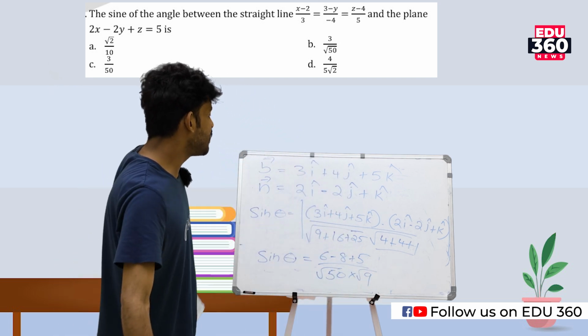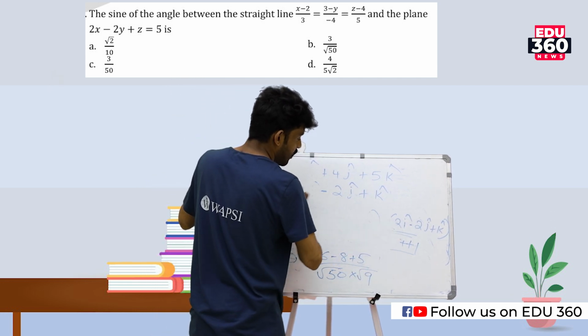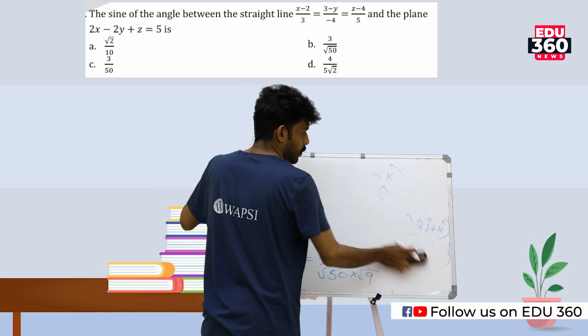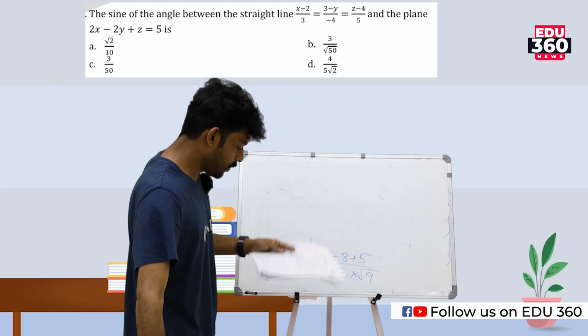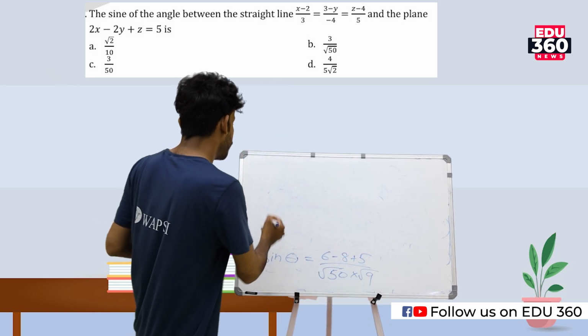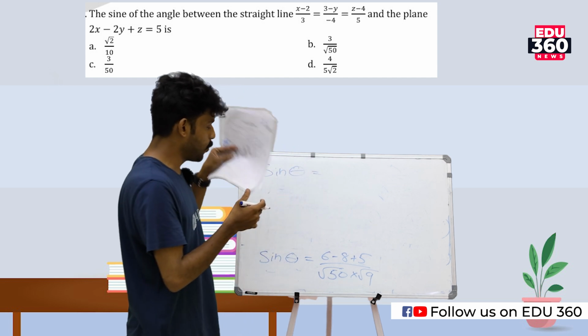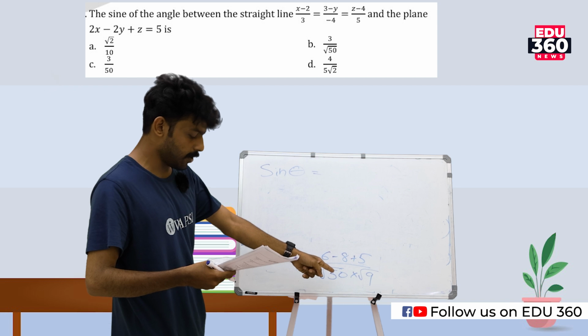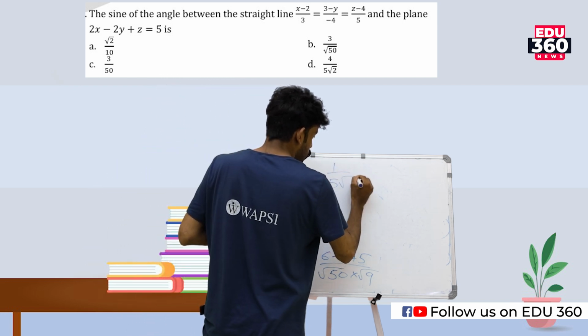On simplifying this, we will get sine theta is equal to 1 by 5 root 2.